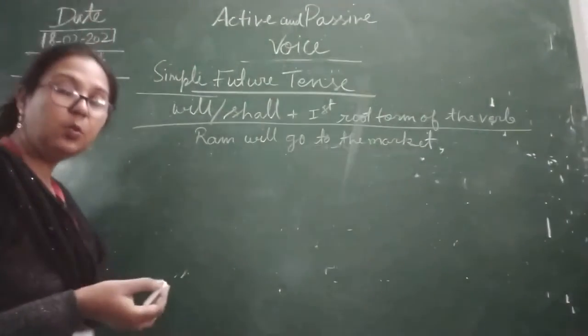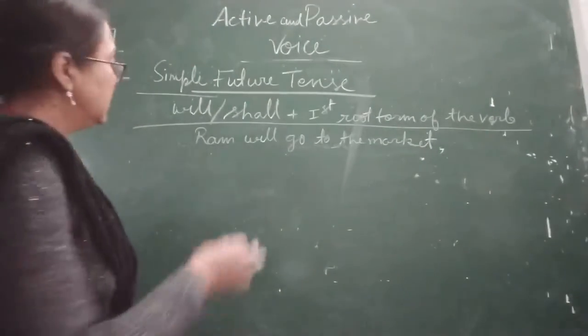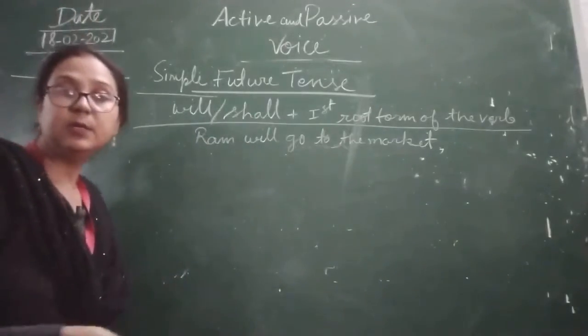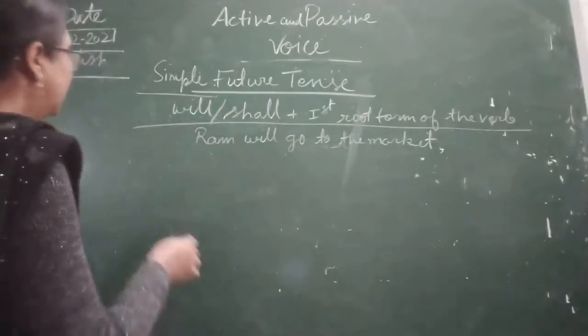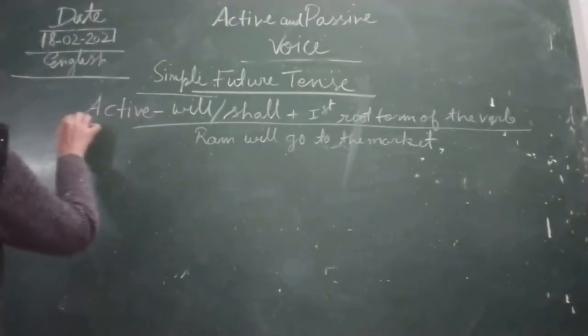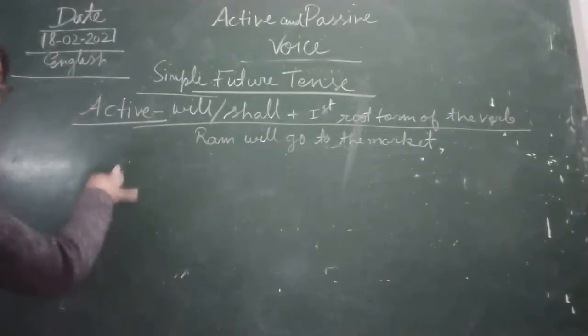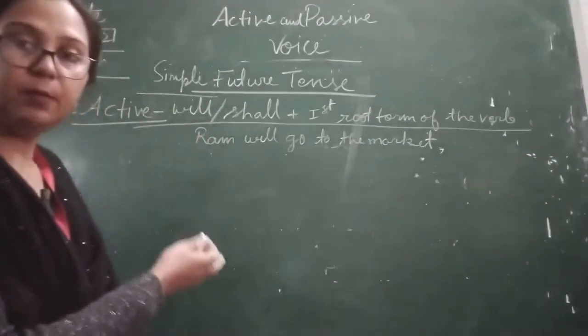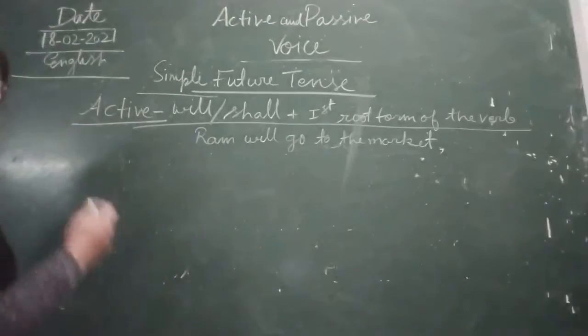Now, what is the rule of making active voice? Similarly, as we have done, will, shall plus first form of the verb. This will be followed in the active voice. Similarly, we are using it in the simple future tense.